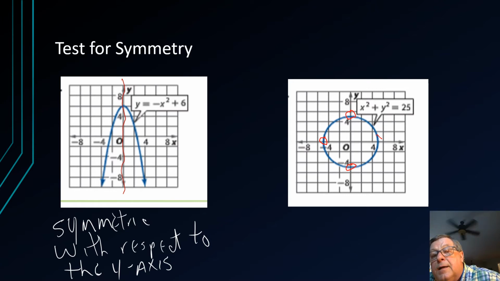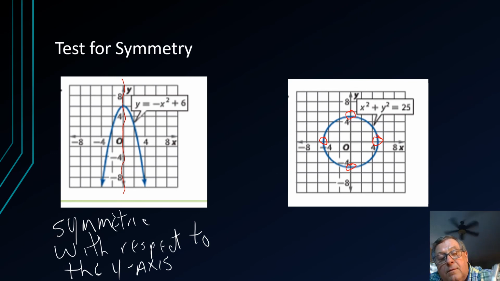In fact, I could plug that into the equation. If I put in x squared plus y squared, with y as 0, 5 squared is 25, and negative 5 squared is also 25. Let's go the other way. How about when x is 0 and y is 5? 5 squared is 25. And what about when y is negative 5? Negative 5 squared is also 25.